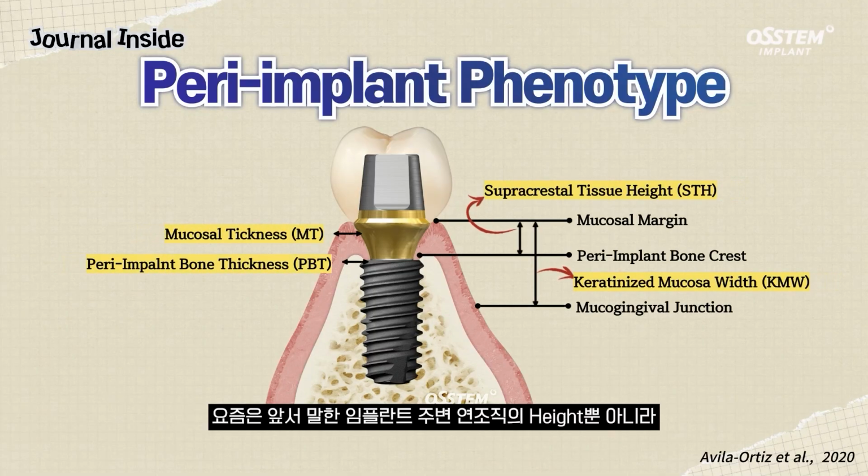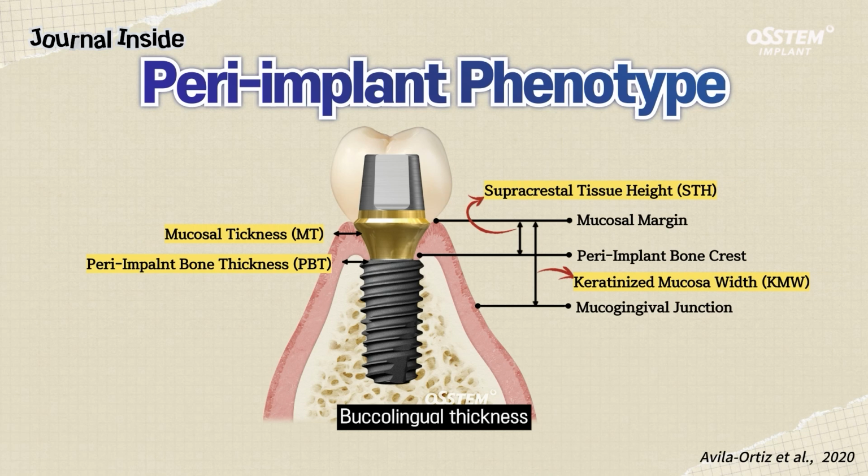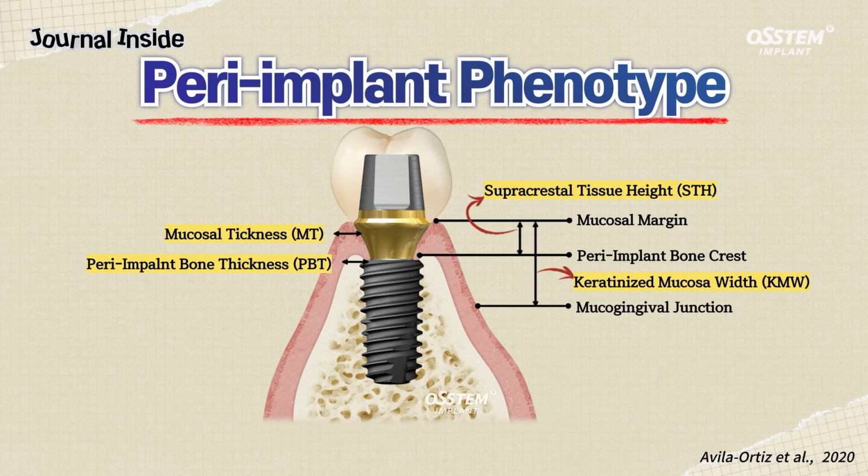These days, height of peri-implant soft tissue, which was mentioned before, buccolingual thickness, the amount of keratinized gingiva and thickness of alveolar bone around the implant are all called peri-implant phenotype.